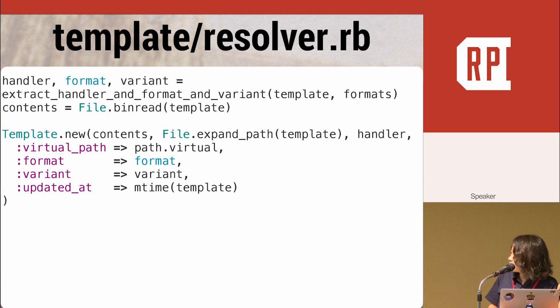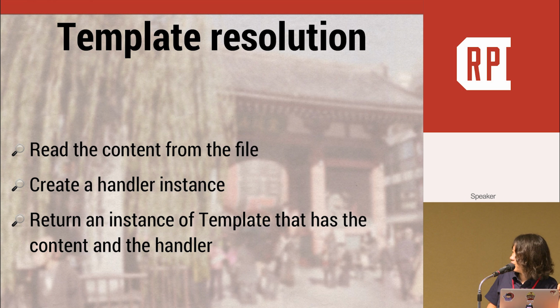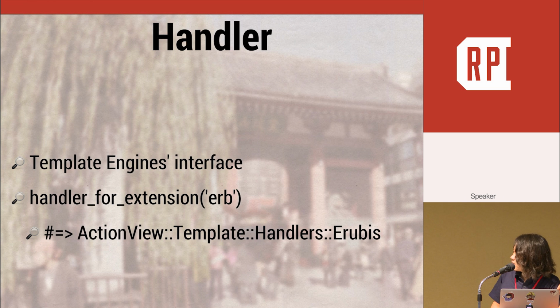And returns an instance of template that has the content and the handler. So handler, what is handler? Handler is something like this. It's a template engine's interface. So the handler could be like ERB handler or Haml handler, Slim handler, etc., etc.